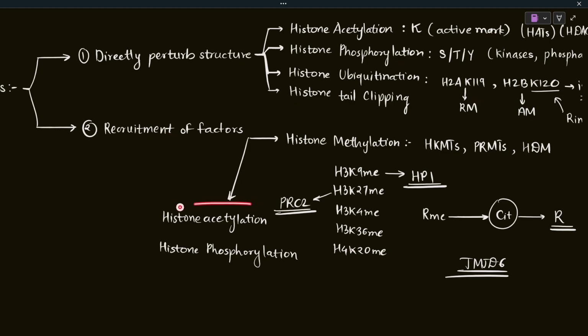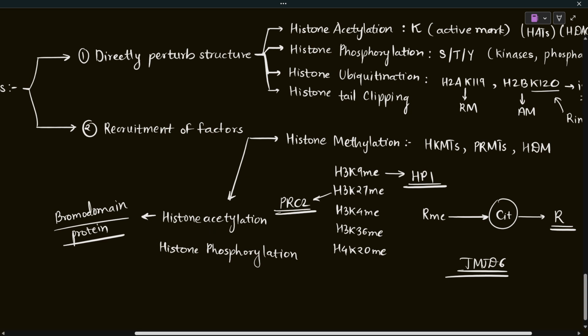For example, histone acetylation neutralizes the positive charge, but it also recruits factors, the bromodomain containing proteins. The proteins that have a bromodomain can bind to the acetylated histones, while chromodomain containing proteins, proteins like HP1, can be recruited on the methylated histones.